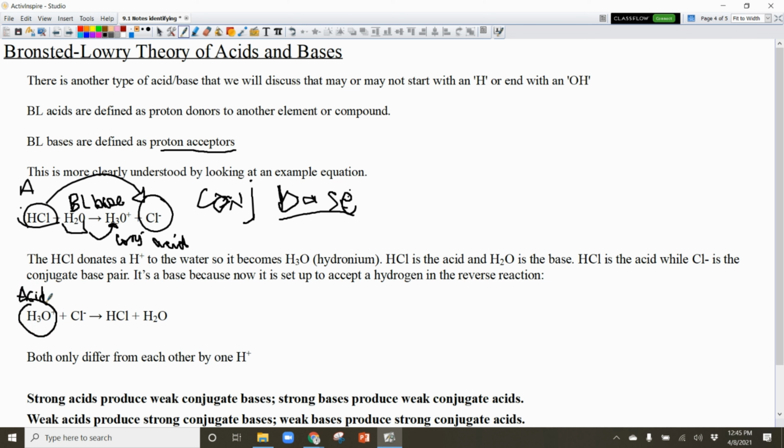And then H2O would be its conjugate base. Okay, now the Cl is going to accept the hydrogen, so the Cl is the acceptor, so now it's the Bronsted Lowry base, and then its counterpart here is the conjugate acid. Okay, now both of these only differ by one hydrogen. All of these differ by one hydrogen.